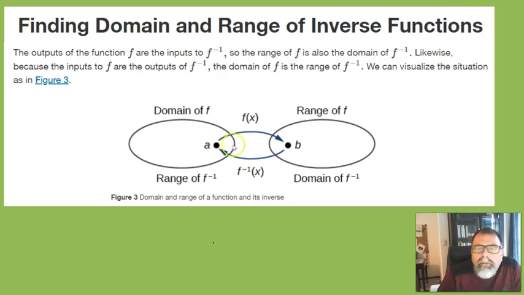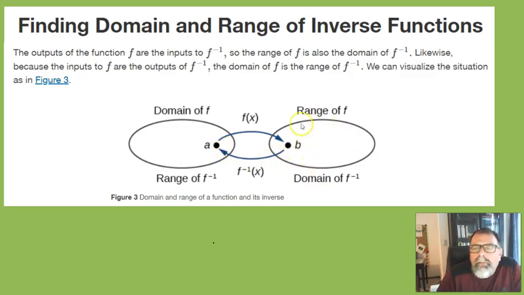So we're switching. a is in the domain of f, but it's the range of f inverse, and b is in the range of f, so a goes to b, input to output. Now if we're going backwards, this would be the input and that would be the output.